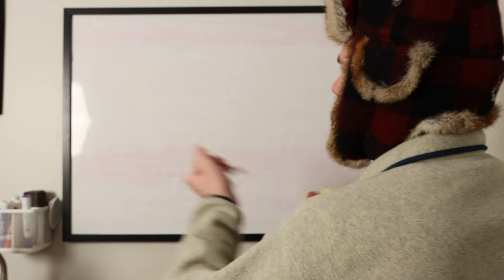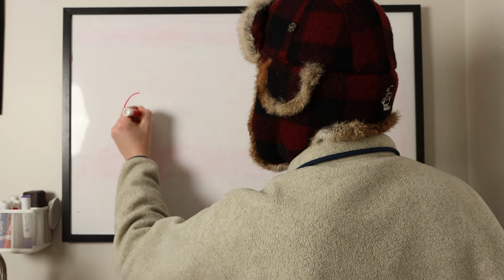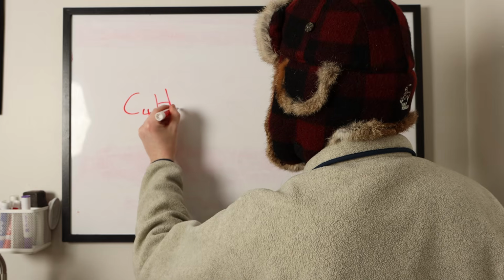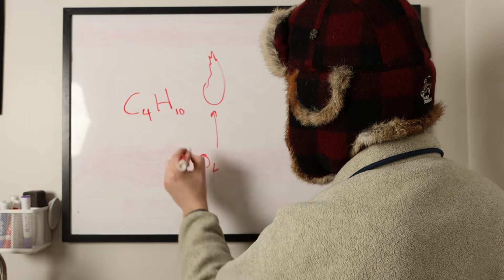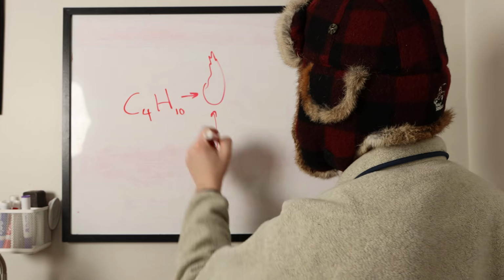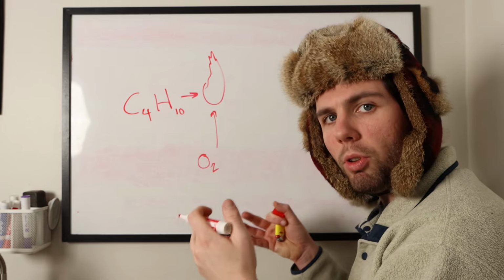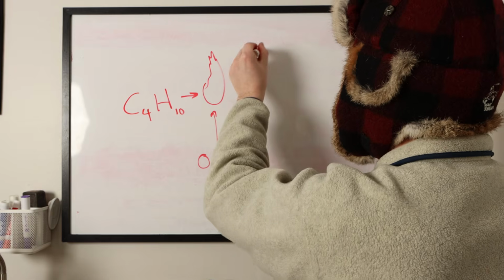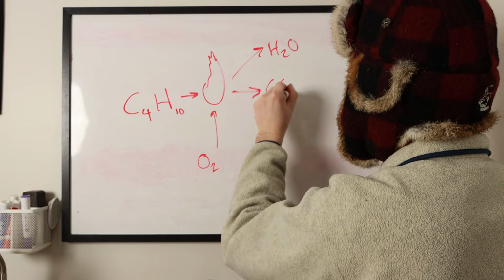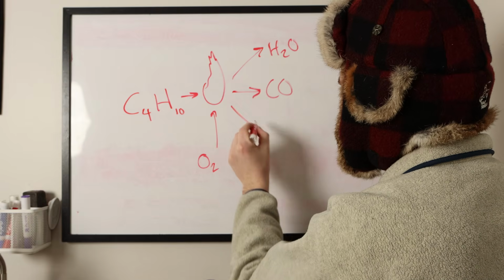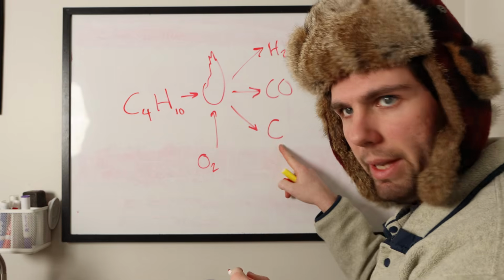In this lighter is a chemical called isobutene, which is comprised of carbon and hydrogen. In order to burn it, you need an oxidizer, which of course is oxygen, and naturally a couple of byproducts come out of this. We get water vapor, H2O, we get carbon monoxide, CO, and some leftover carbon.